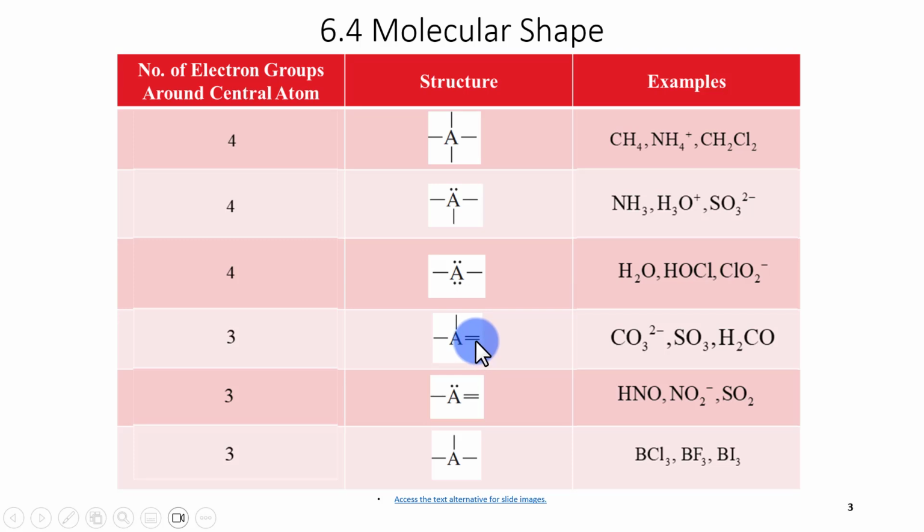Don't confuse them with the number of electrons, I'm sorry. This central atom in this example has 8 electrons, 2, 4, 6, 8. But how many electron groups? 1, 2, and 3, because the single bonds and the double bond each count as one electron group.